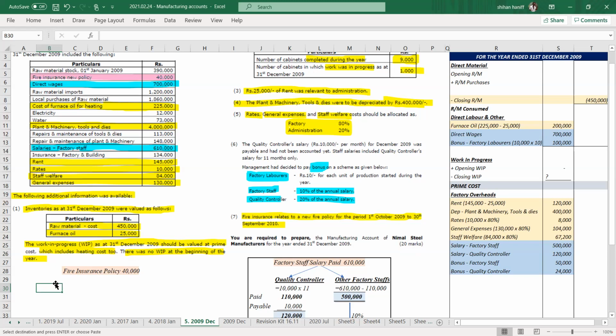Salary prepaid. How many months prepaid?